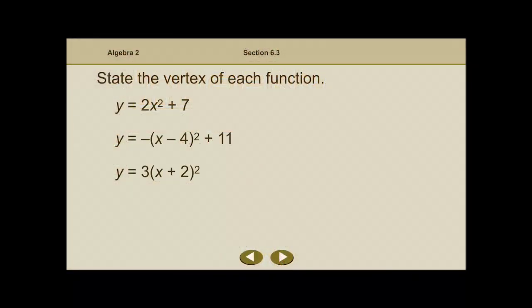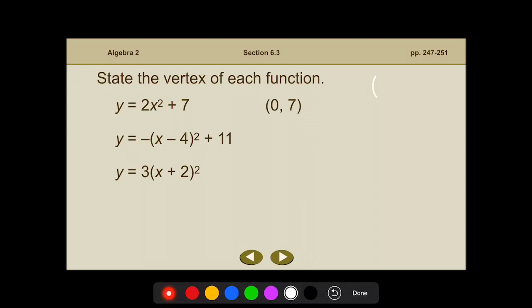So let's go ahead and do a little bit of review here. State the vertex of each function. If you can recall, the vertex is always going to be equivalent to the number inside the parentheses, or the h is a way you can think about it. You probably have it written down somewhere like this. If you don't, you probably do want to write it down.